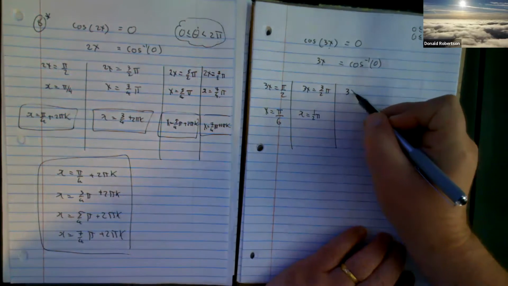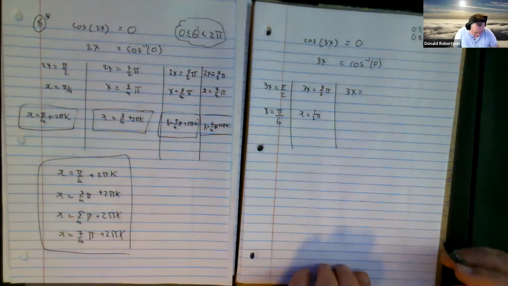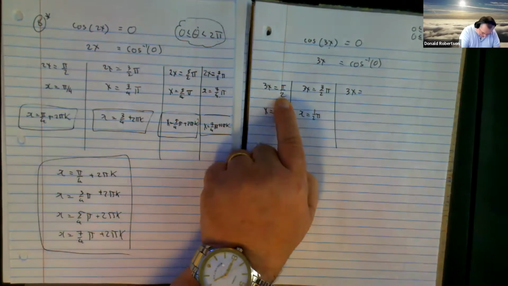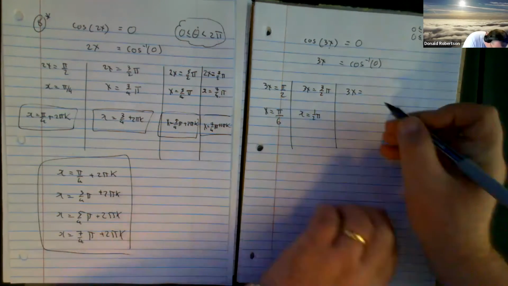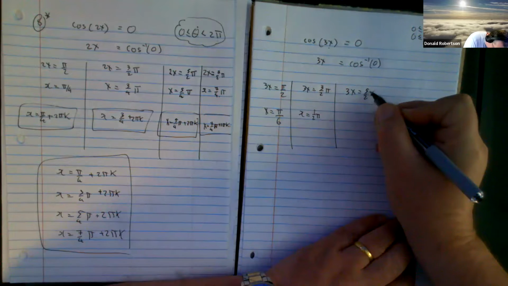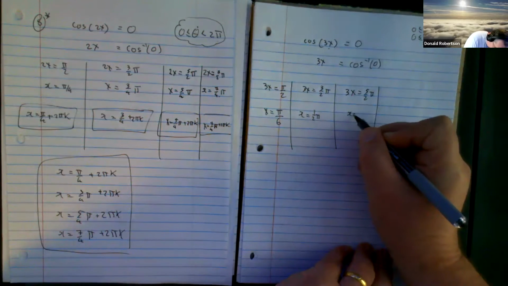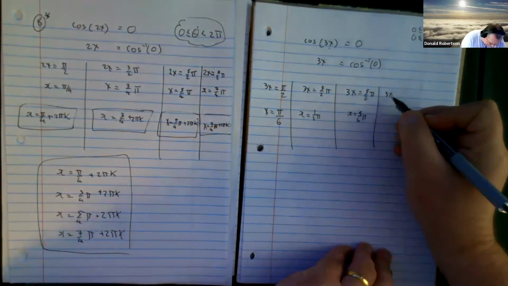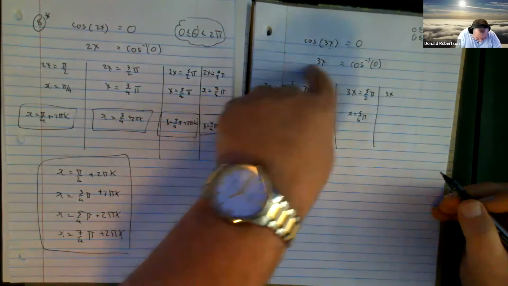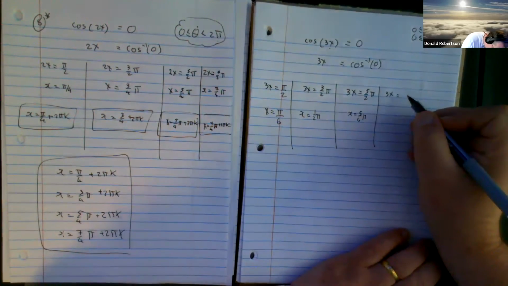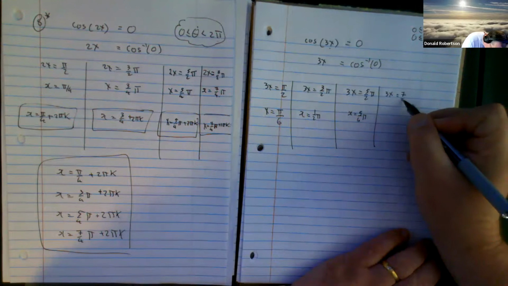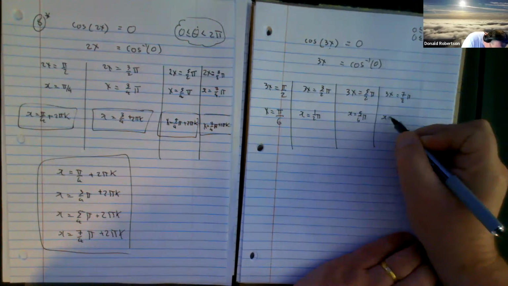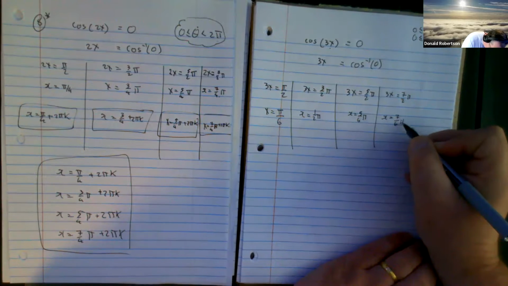Now, what would the next one be? Well, wouldn't you take this guy and add a circle's worth, which is 2 pi? So you get 5 halves pi, and that gets you 5/6 pi. And then you take this one and add another circle's worth, which would get you 7 halves pi, which means you get 7/6 pi.